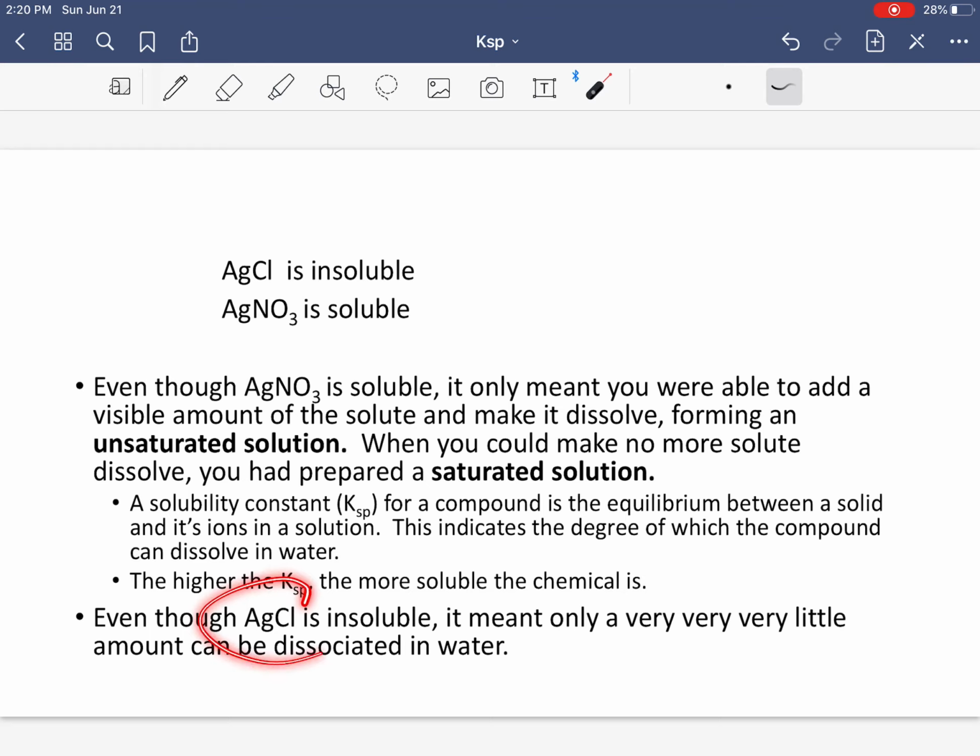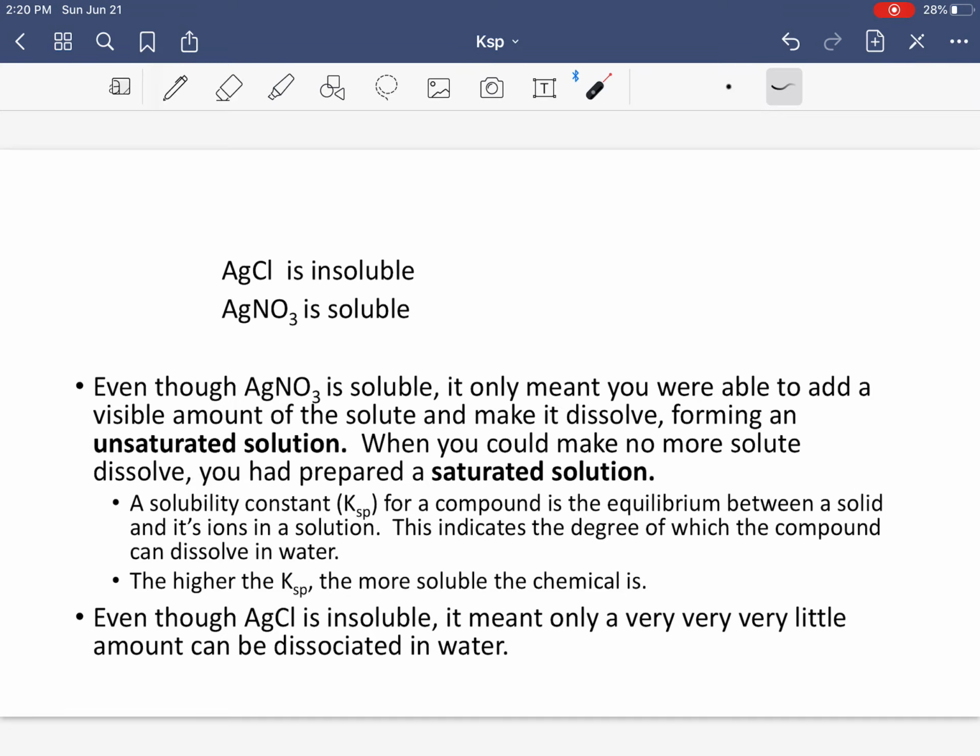Same with AgCl. We know that AgCl is not very soluble. What that really means is that only very little of it can dissolve in water. But let's say you have a couple of grains of it, it will dissolve in water. It's not like it won't dissolve. It's not if you have a whole tablespoonful. Now that's a different story. And again, it all depends on how much water you have, right?